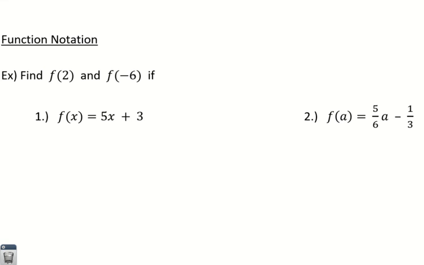And then the final little part of this section 2-1 is function notation. Maybe there's a chance you never saw this before in Algebra 1.